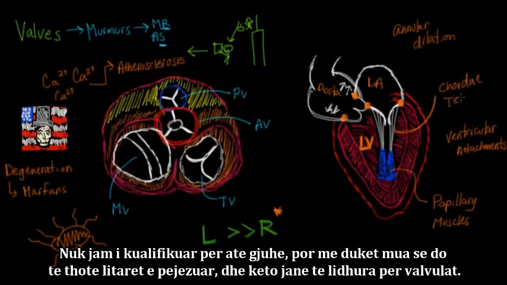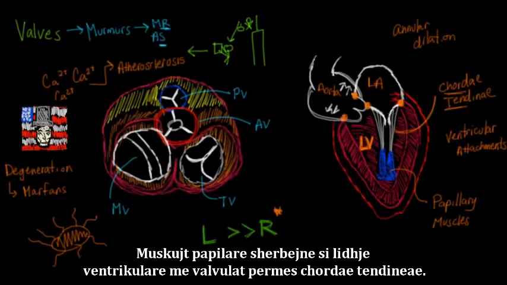I'm not really a professional at language, but to me that would seem to mean tendinous cords. These tendinous cords are attached to the valve. So the papillary muscles serve as a ventricular attachment to the valves via the chordae tendineae.